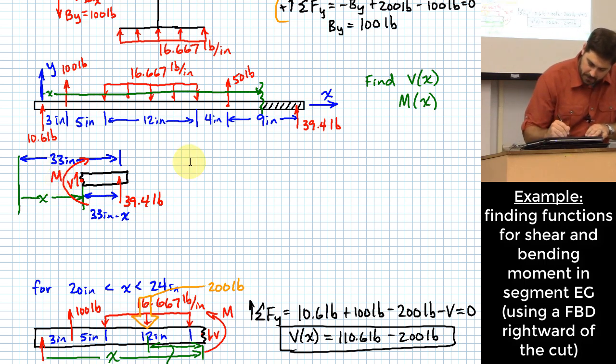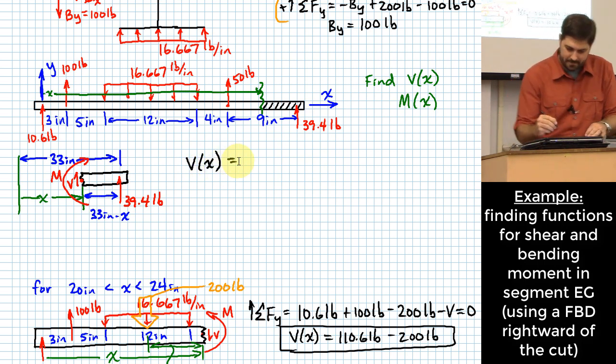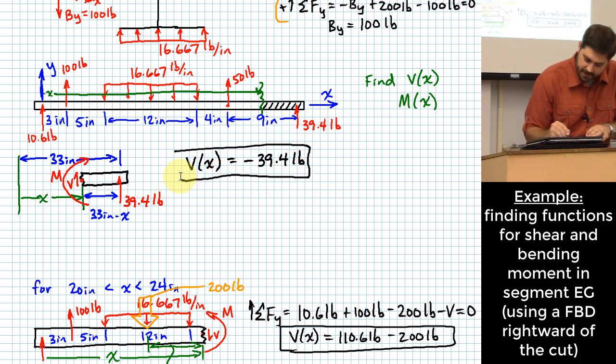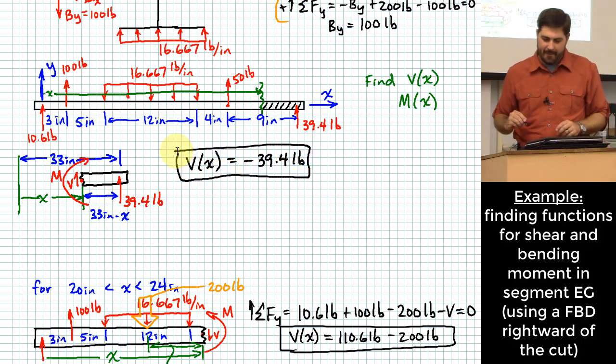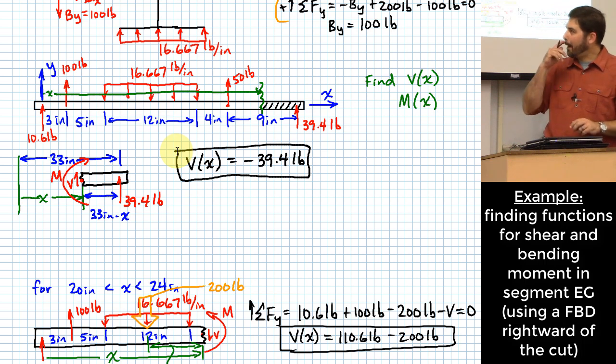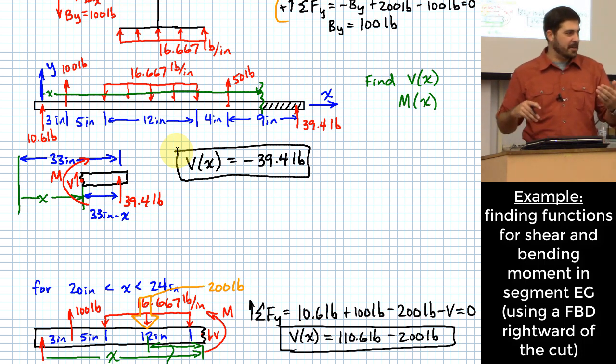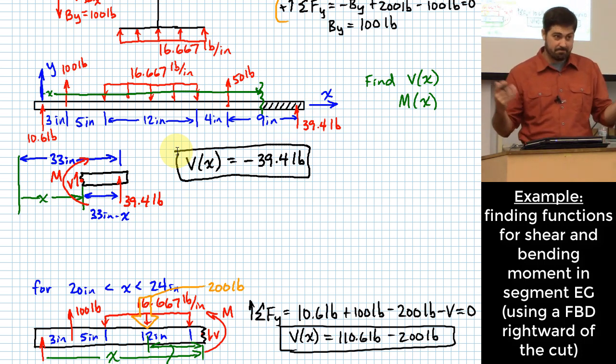Okay? So what is my V of x function going to be? Negative 39.4 pounds. How did I see that so easily? Okay. Both of those arrows go the same direction, which means V must actually go the opposite of that direction that I assumed was positive, right?